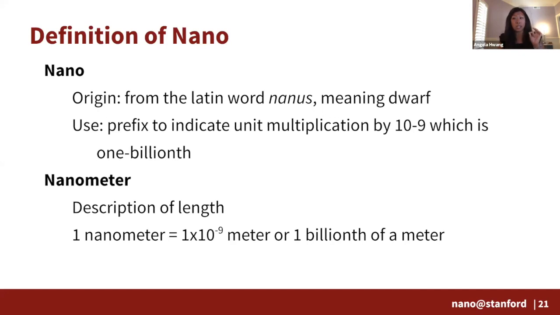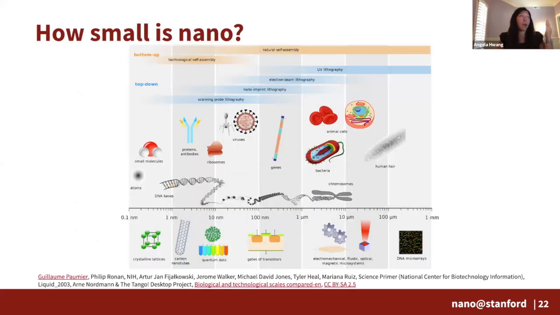So super tiny. And again, how small is nano? I won't go into too much detail because I think we already talked about it decently, but we're looking at something that is, let me use the pointer, over here between 10 and 100 nanometers. Something so small you can't see it with your eye. You can't even see that with a light microscope. Your fingernails grow 1 nanometer per second.